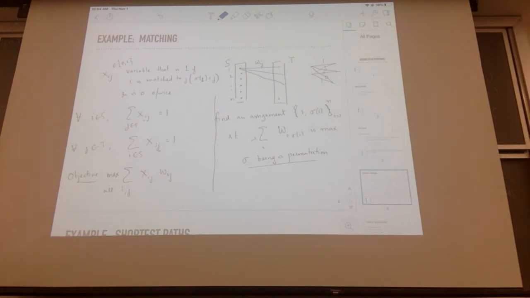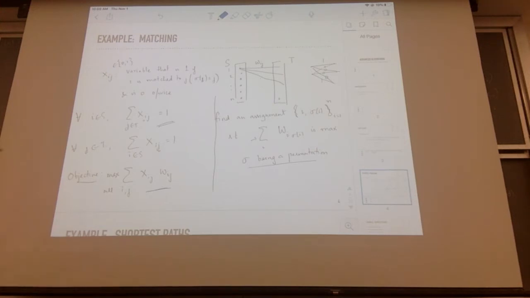Then with these variables, you would write the obvious constraints: every I is matched to precisely one J, and every J is matched to precisely one I. Those are these two constraints. The objective you have to think a little bit to write down. It was the sum of the weights of the assigned edges.